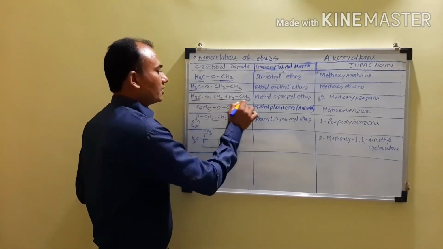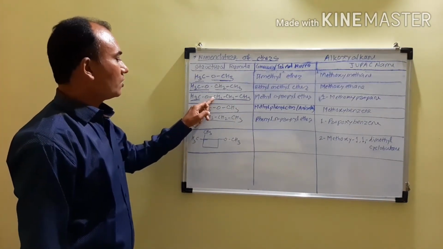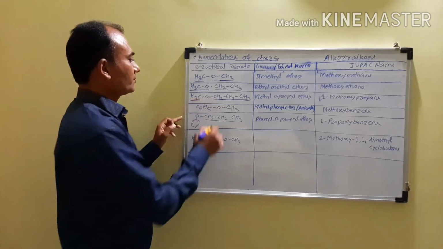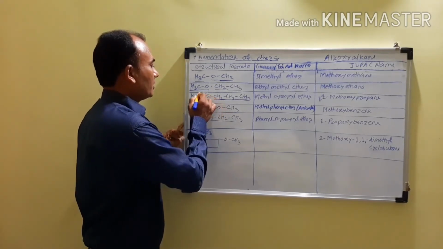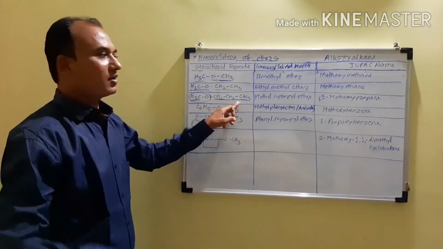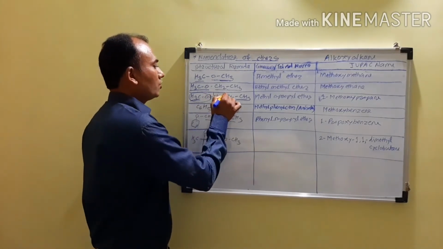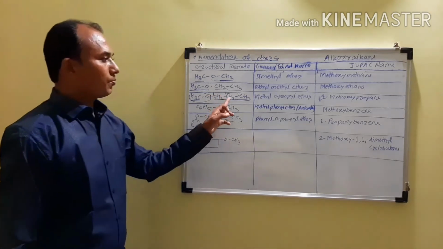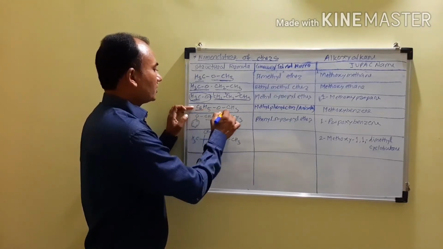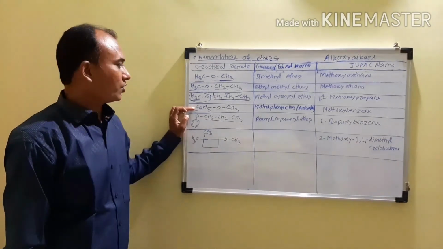Then in that case one methyl group and another is the n-propyl group, because the oxygen is attached to the terminal carbon atom, so it will become 1-methoxy, because to the first carbon atom there will be attachment of the methoxy group, so it will become 1-methoxypropane, because the larger alkyl group we have to consider as the parent alkane. 1, 2, 3, so 1-methoxypropane. In the next case one will be a phenyl group and second will be a methyl group, so phenyl will be the larger group, and therefore we consider it as the parent.